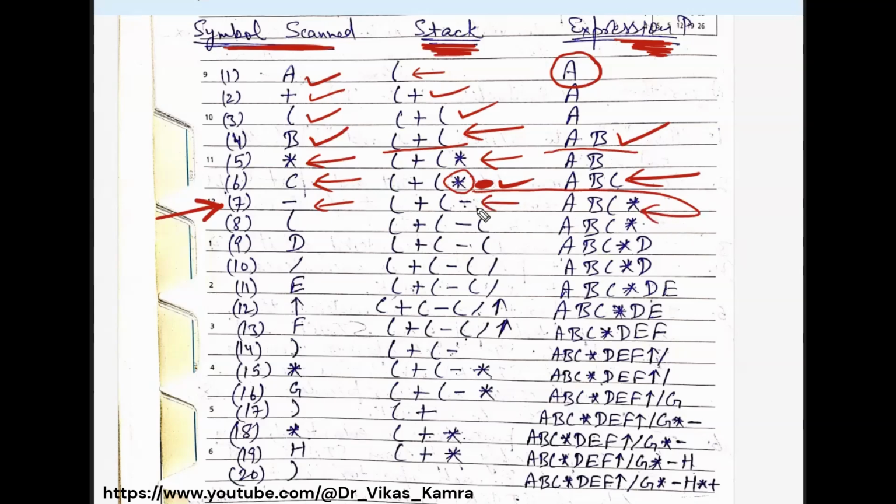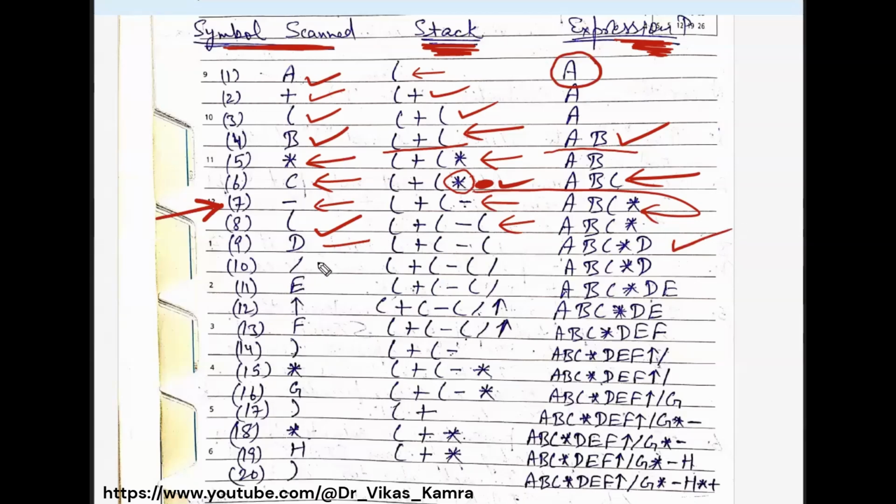Then this minus will be pushed into the stack. So two actions have been performed. This star, because it had high priority, was popped out and added to the postfix expression. But the new incoming minus is added to the stack. Now if a left bracket is coming, add it into the stack. If an operand is coming, add it to the postfix expression.